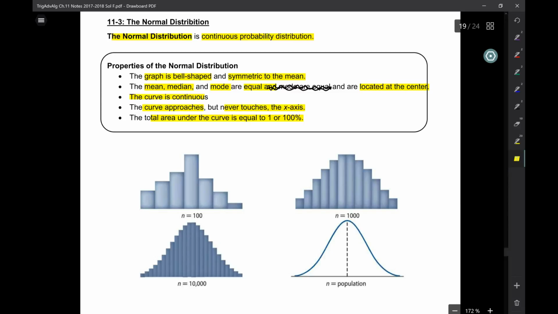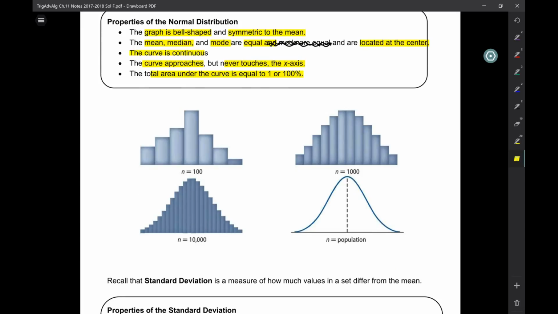So take a look at this. If you do a histogram from 0 to whatever, and you divide them into categories or classes, when you have a completely symmetric distribution like this, that becomes the normal distribution.